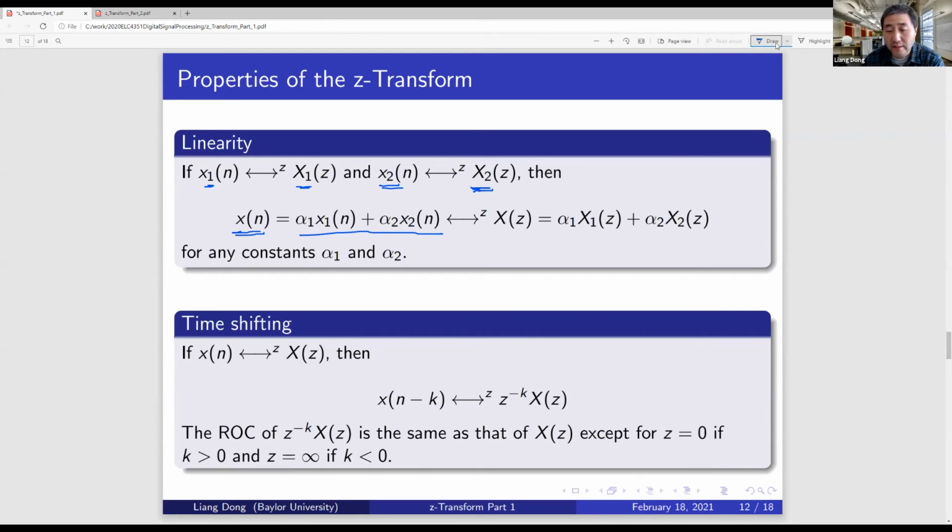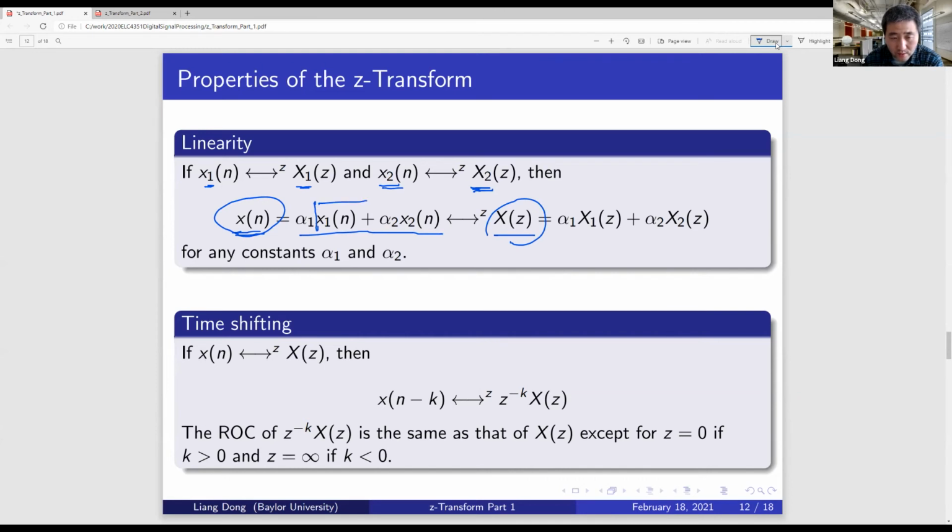The linearity tells me that the Z transform of this signal will also be a linear combination of the Z transform outputs of each individual signal.